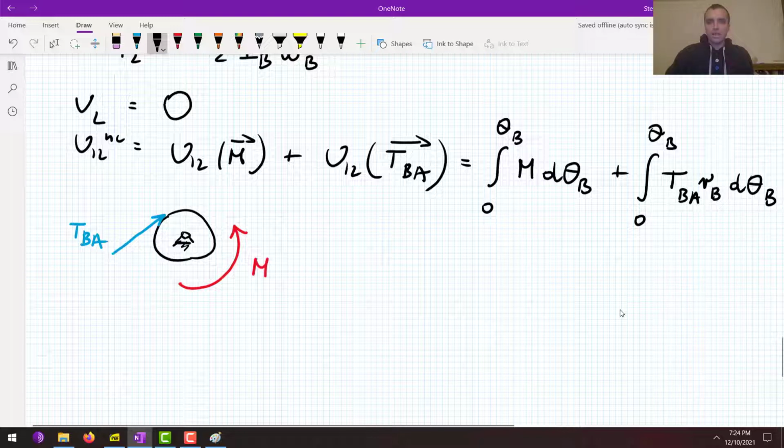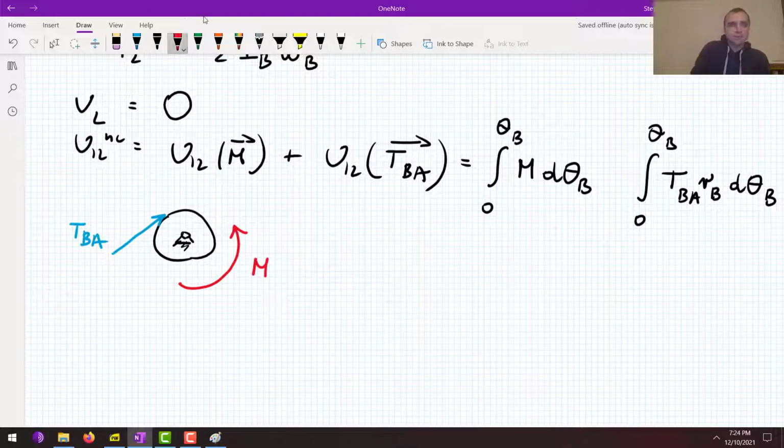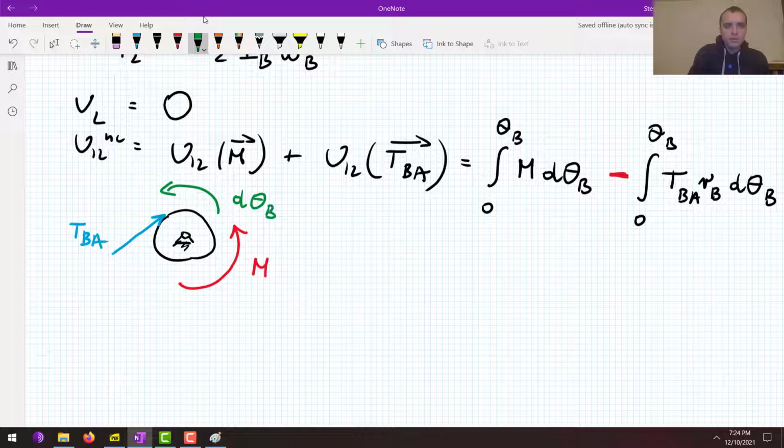Okay, and I think I forgot about a minus somewhere. The minus will be here, yes, because I assume that our d theta_B rotates this way in a positive direction.